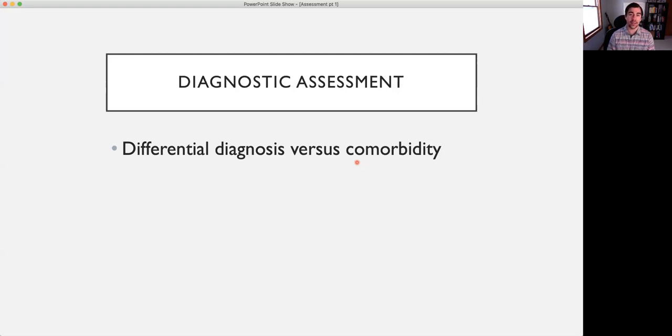A really well-defined system wouldn't see so much comorbidity in our diagnoses. So that's one of the questions and controversies happening in the field right now. But again, I just wanted to point out this difference between differential diagnosis versus comorbidity, and the idea that mental health practitioners are having to think about both simultaneously during diagnostic assessment.